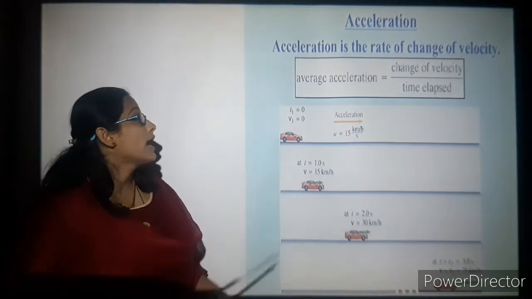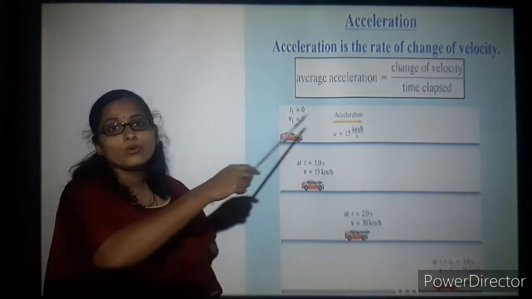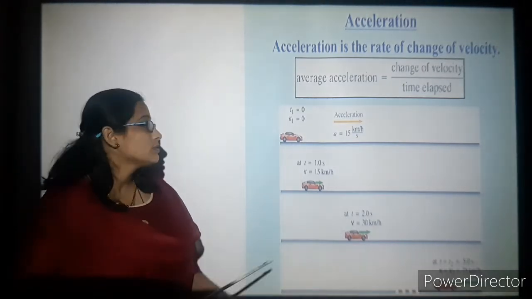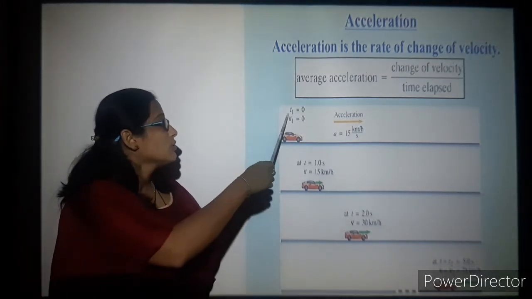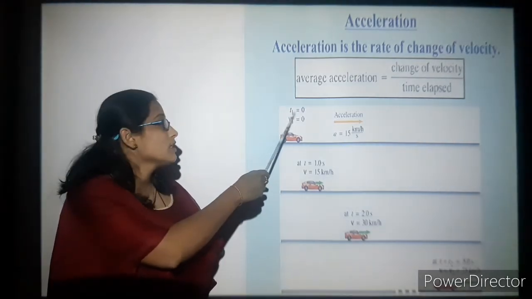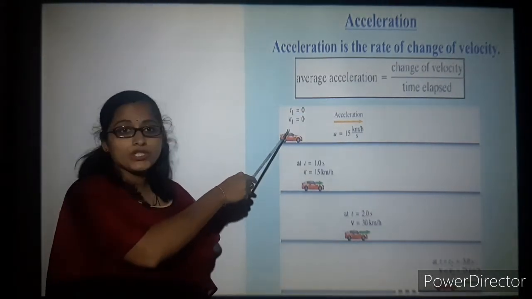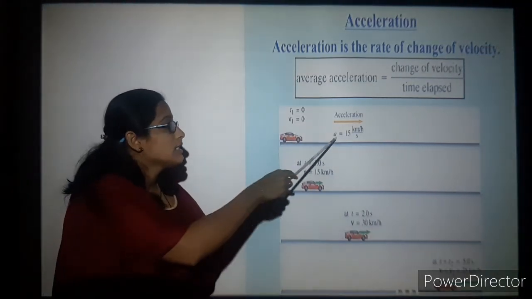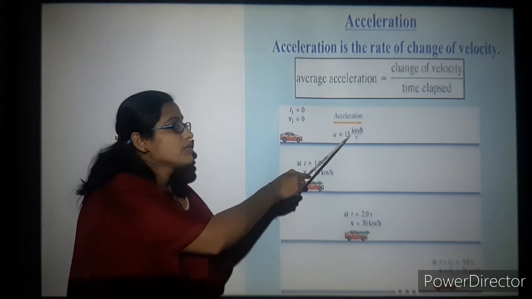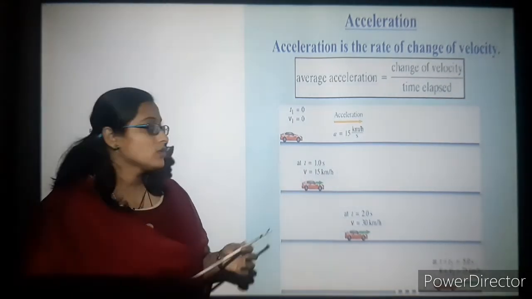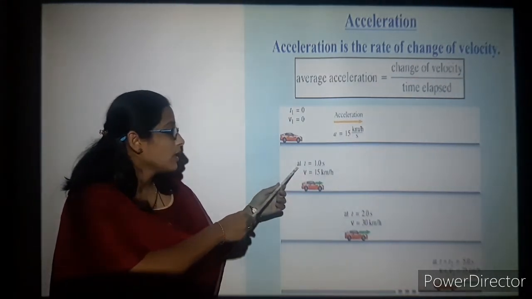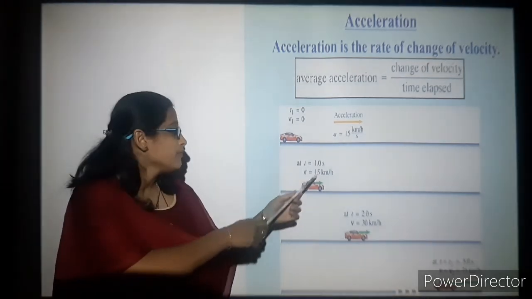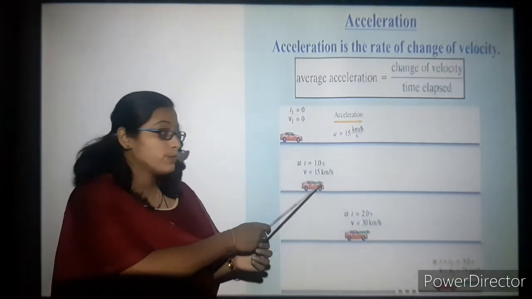So moving on to acceleration, we can know that it is the change of velocity with respect to the time elapsed. So let's look at this figure. At time t1, that is the initial time, is 0, and the initial velocity is given as 0 for the car, and its acceleration is 15 kilometers per hour per second. After moving at an accelerated speed for a time of 1 second, its velocity is 15 km per hour.